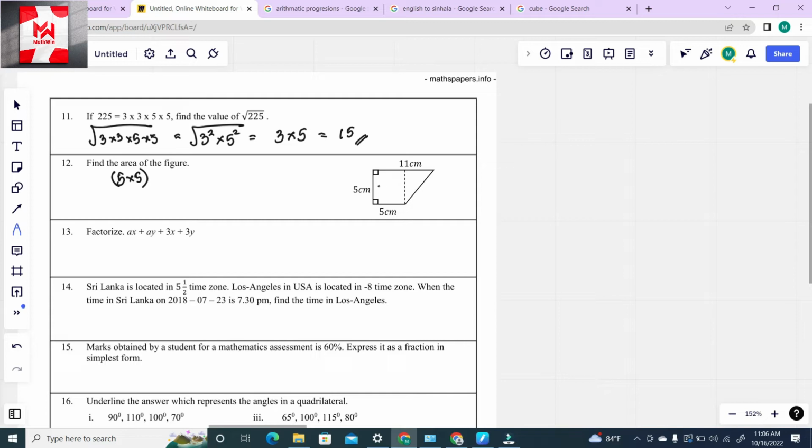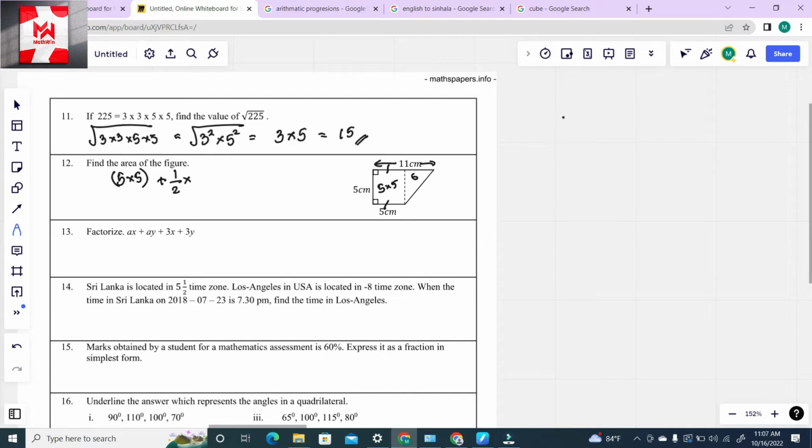To find the area of the triangle, we know 1 over 2. If this is 11 and this is 5, you know this is 90 degrees, therefore this should be 5. Therefore if this is 11, and there should be 5, this should be 6.